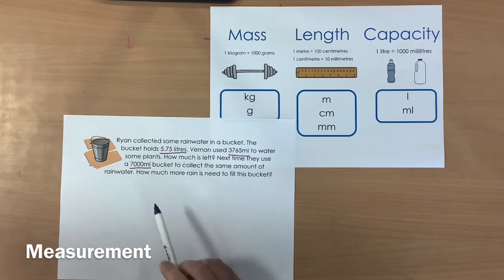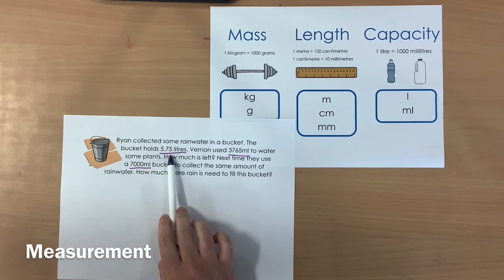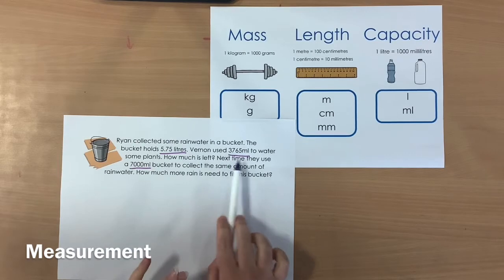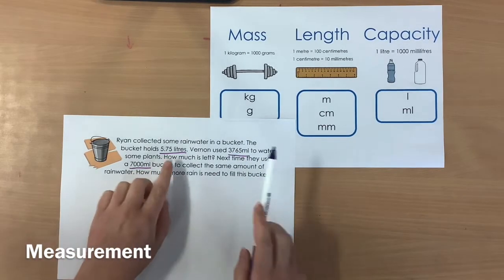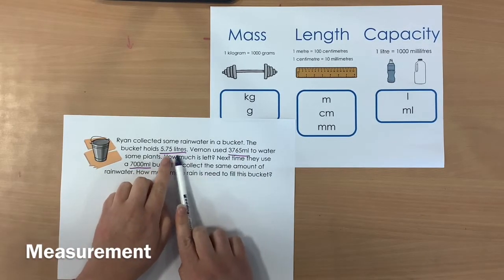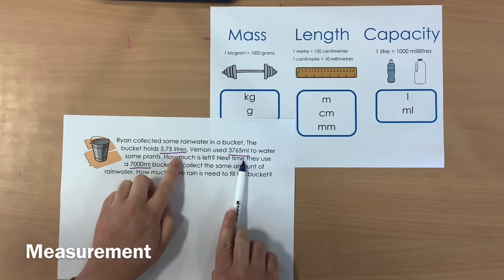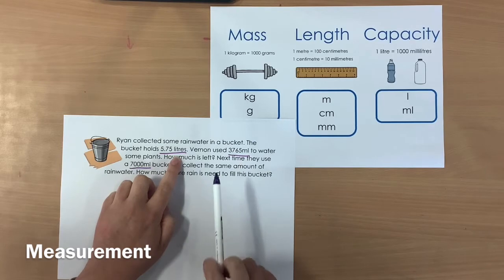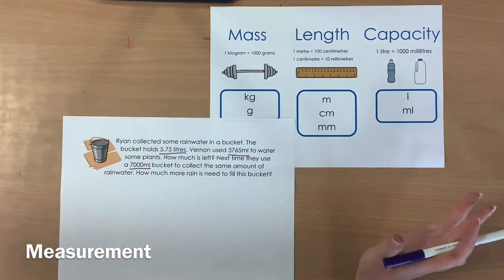It started off with 5.75 litres. I then need to subtract 3,765 millilitres. One thing that I have noticed, and hopefully you have as well, is that this is using litres and this is using millilitres. In order to do the calculation, they both need to be in either litres or millilitres.